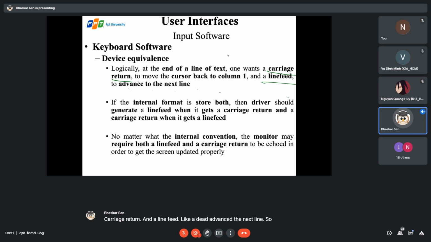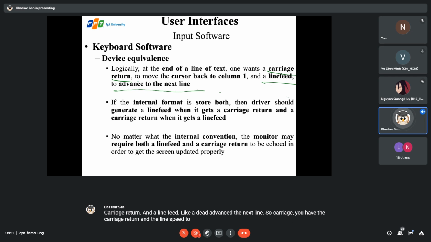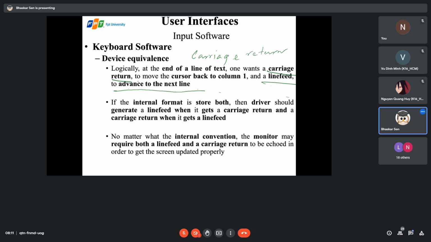So what exactly does carriage return mean?